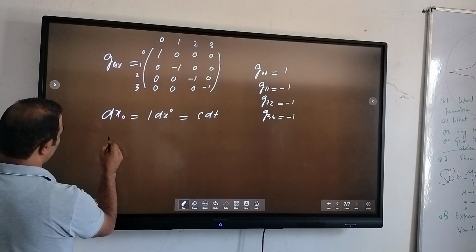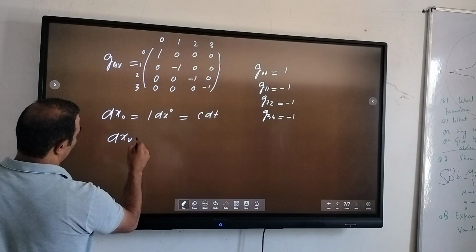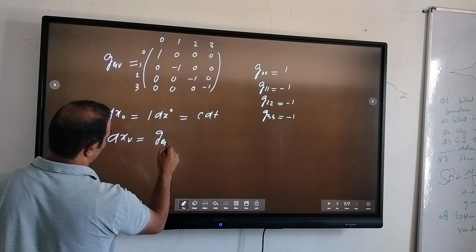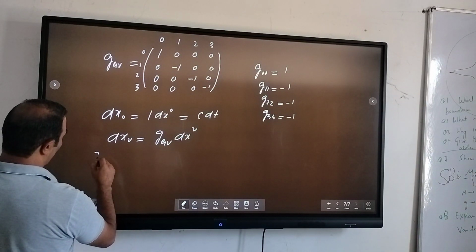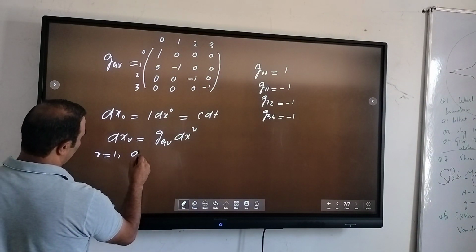And similarly, our dx_nu equals g_nu mu dx^mu. Now you put nu equal to 1, and you'll get dx_1.